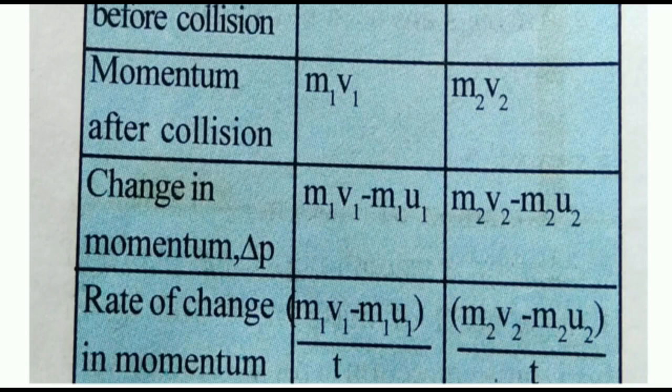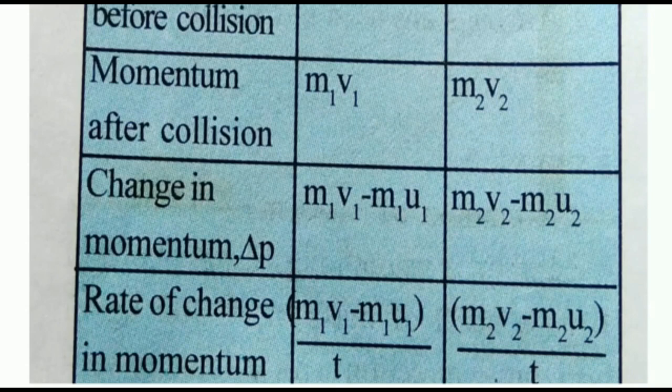So according to Newton's third law of motion, the force exerted by the first marble on the second marble is equal to the force exerted by the second marble on the first one. Hence, F12 is equal to minus F21.